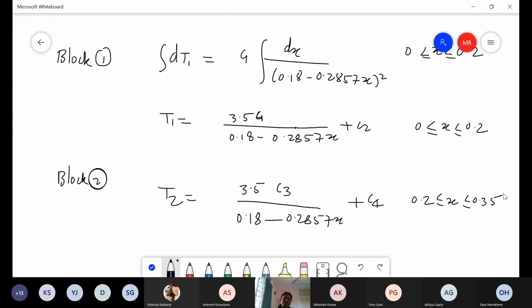So here constants C1, C2 and C3, C4, these are the constants corresponding to block 1 and block 2.